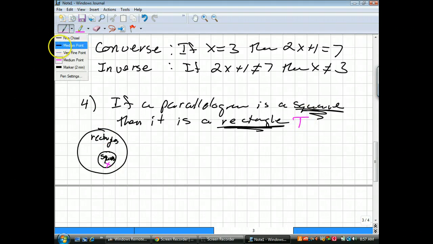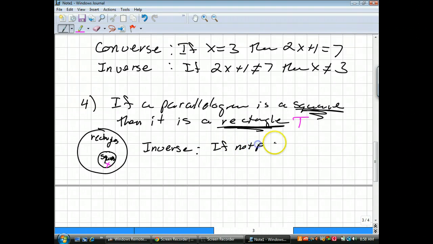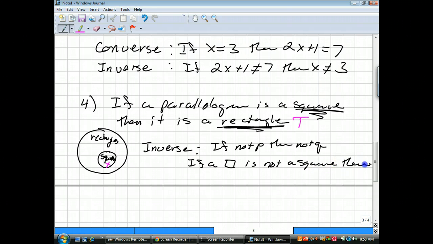Okay, now let's write the inverse. Remember, the inverse is if not P, then not Q. So we would say if a parallelogram is not a square, then it is not a rectangle.